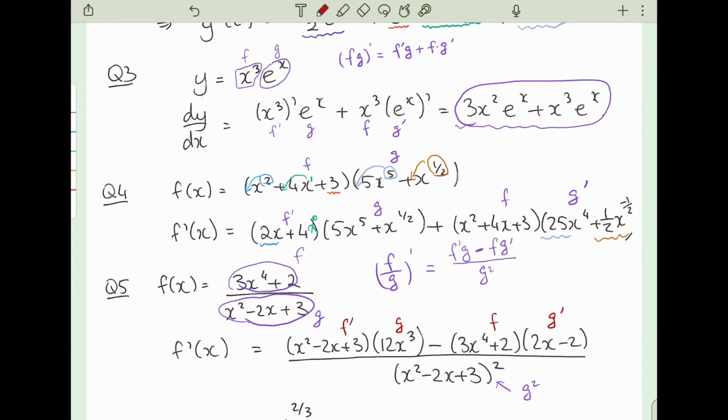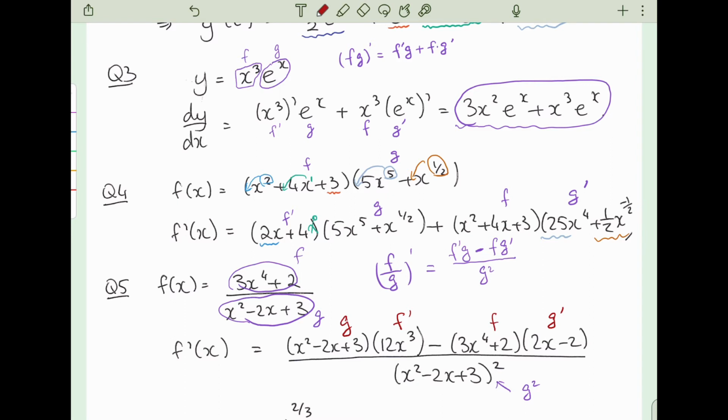And to figure out f prime, oh, actually I wrote it wrong. f prime is this guy here. This is g. We can switch the order they multiply.